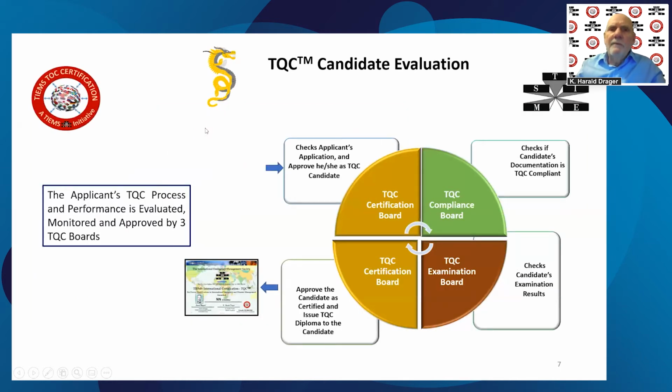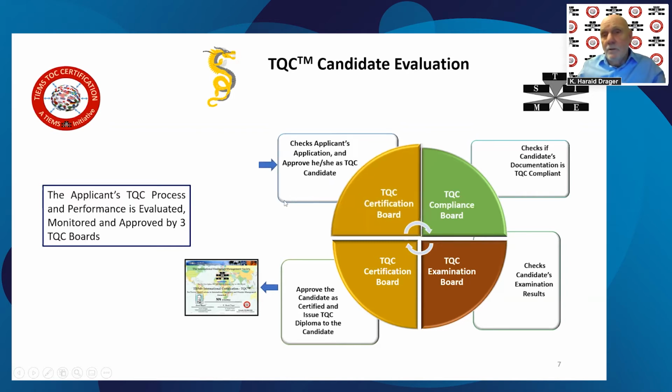So how do we evaluate the candidate? This process is done by, we have established 3 TQC boards. The overall board is the TQC Certification Board, which first of all evaluates the candidate when he sends in the application form.